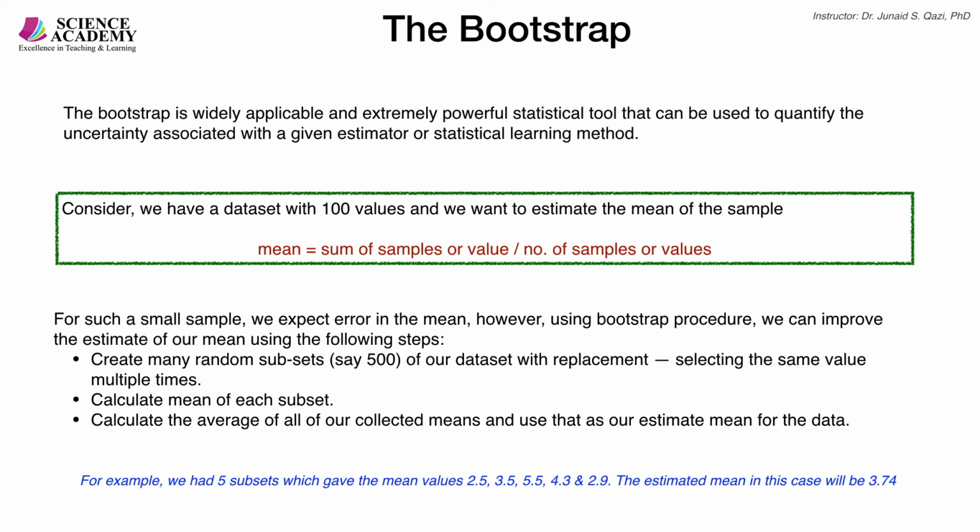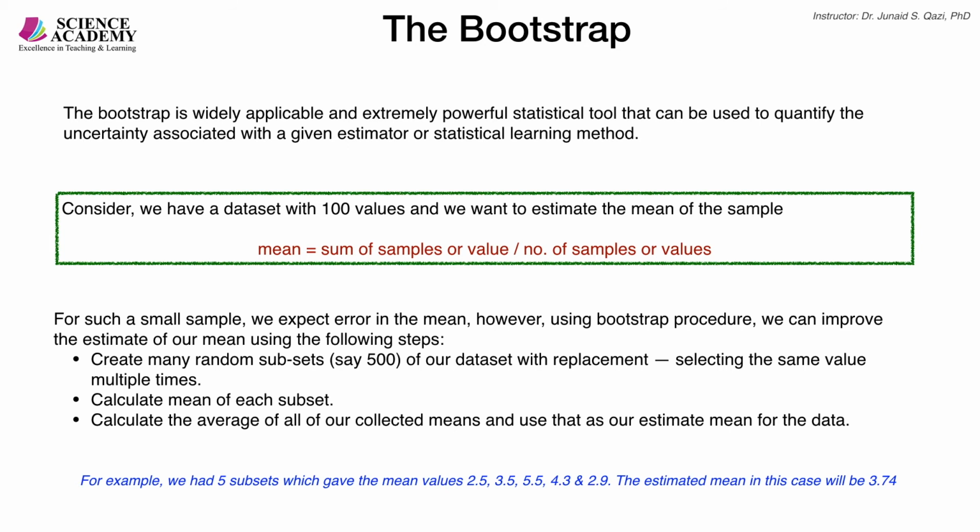The first thing we do is create many random subsets, say 500 or maybe more, of our data set with replacement. Replacement is selecting the same values multiple times. After that, we calculate the mean of each subset.